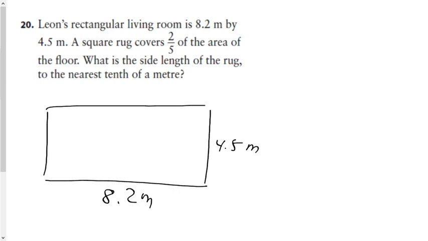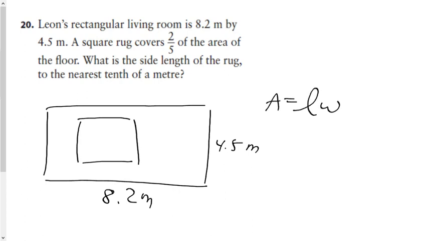So this is a great question. So the first thing I need to know is this square rug that we're going to put in here is going to cover 2/5 of the total area of that room. You with me? How are we going to figure out the total area of the room? What are we going to do first? So how do we do that? We're going to use the formula length times width. Correct, Taya? We're going to use 8.2, world's worst 8, times 4.5.